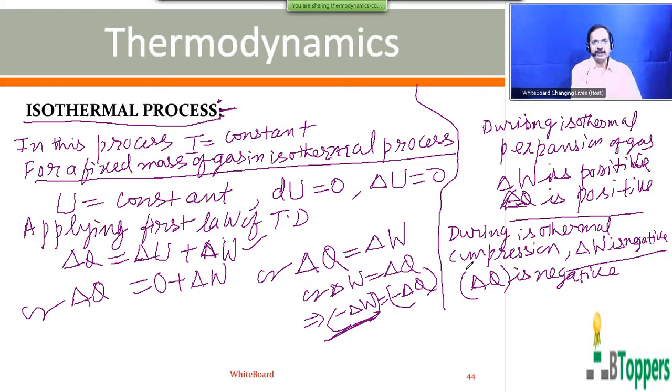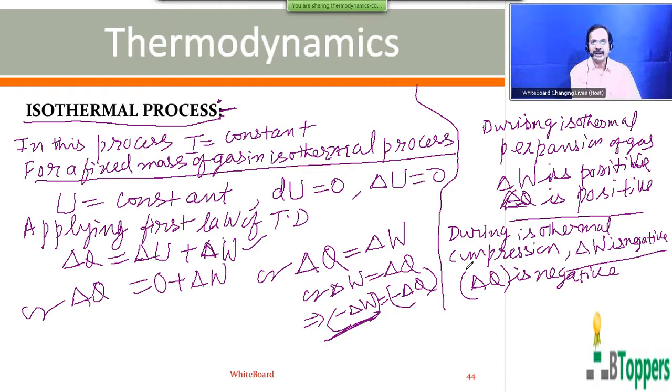The gas contained in a vessel, when the walls of the vessel are made up of a conducting material, I mean relatively good conductors like metallic conductors, and if the expansion is carried out very slowly, that means the gas contained in a vessel with conducting walls is expanded very, very slowly or compressed very, very slowly, you can assume that the transfer of heat energy takes place between the gas and surroundings. That means you are allowing sufficient time for transfer of heat energy to take place between the gas and surroundings.